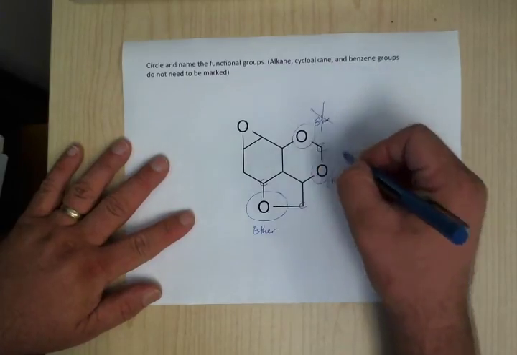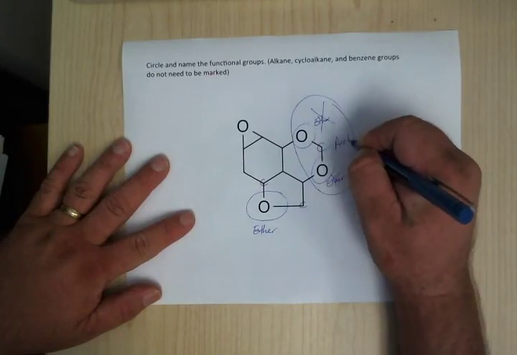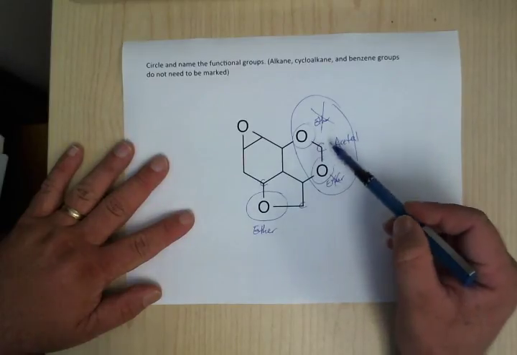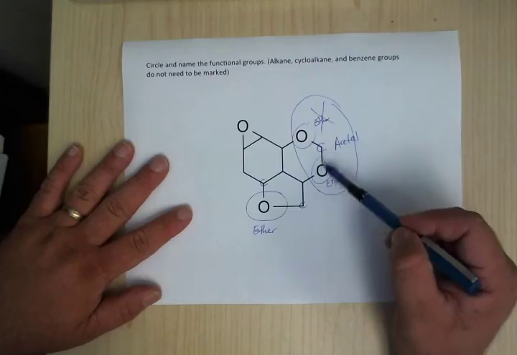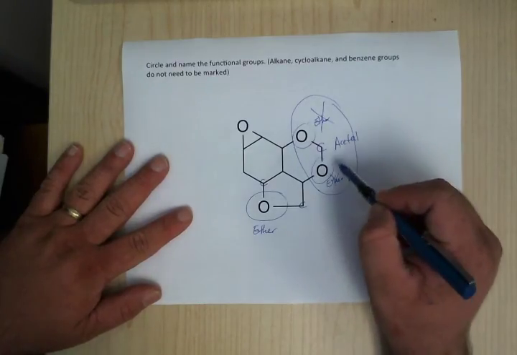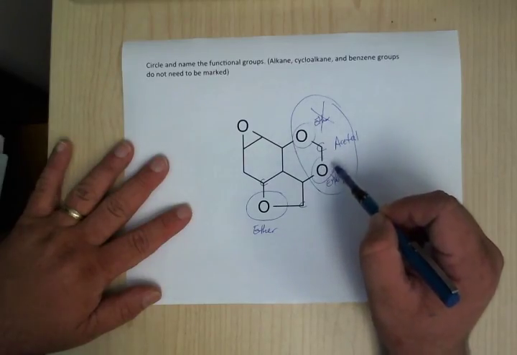That makes that big group an acetal. It's two ethers that share the same carbon. So if you're writing ether a couple of times, alarm bells really need to be going off. That might be an acetal.